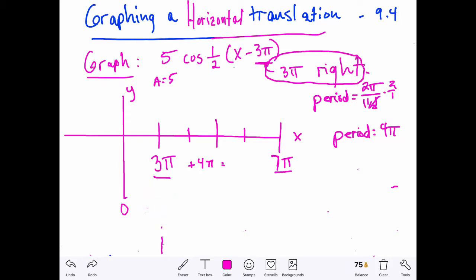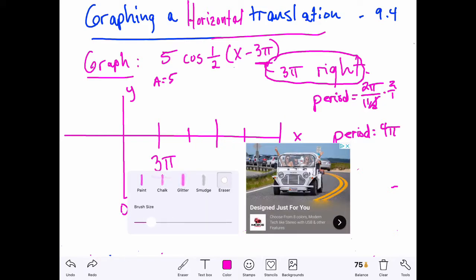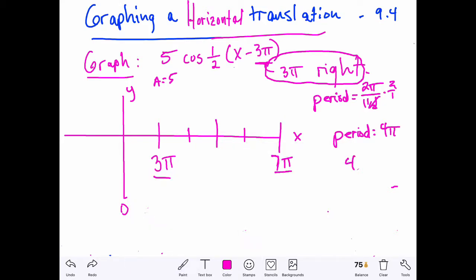Okay, so I know where it starts and I know where it ends, but I don't know these locations along the way. Well, I still do that same process of what? Well, taking the period of 4 pi and dividing it in how many equal pieces? Well, 4. So that's pi.